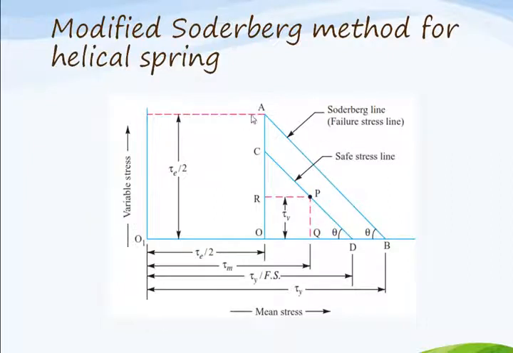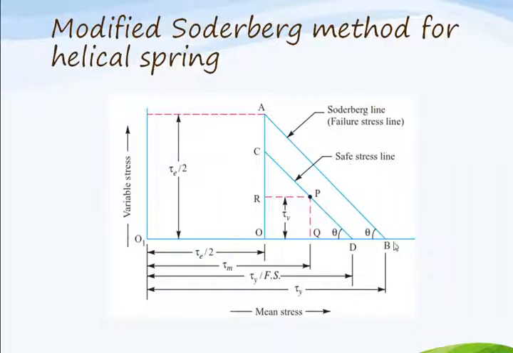This point A is the endurance limit for reversal loading, where the variable shear stress and mean stress are tau e by 2. So this is the value of that point A: tau e by 2 and tau e by 2, the endurance limit by 2.